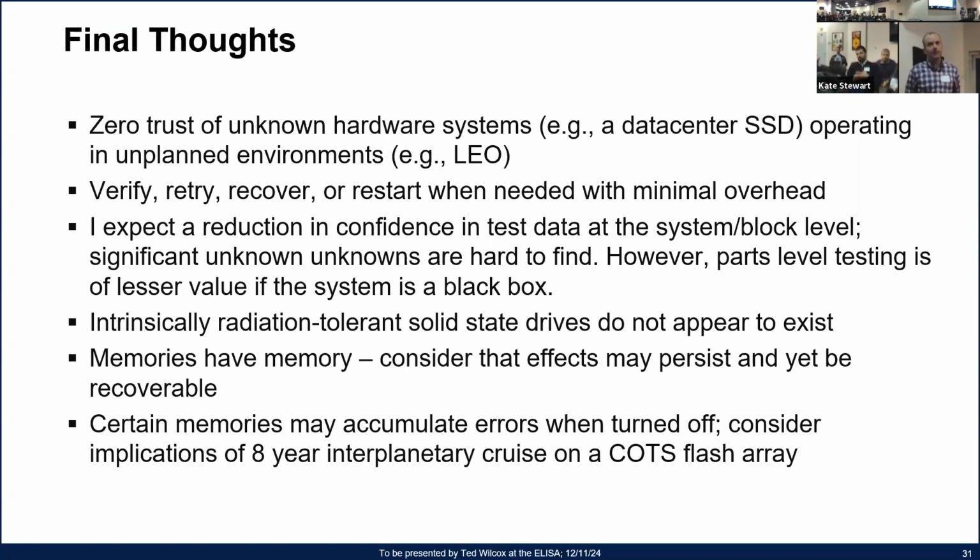The places where I see this not working well are users that are taking entire systems off the shelf and even sometimes performing radiation testing, but they are performing the radiation testing in a way that was applicable in times past. I'll use a solid state drive, for example, because we keep talking about it.